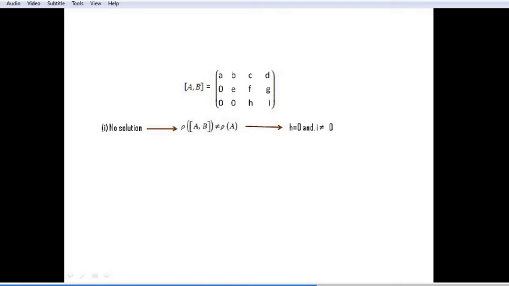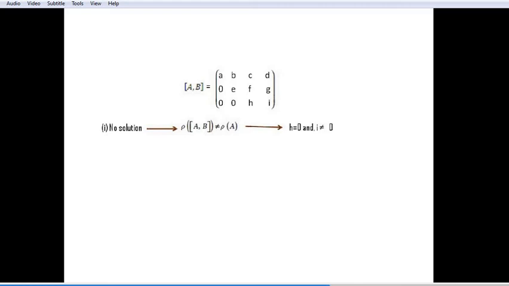When i is not equal to 0, rank AB is 3, because the number of non-zero rows in AB is 3. When h is equal to 0, rank A should be 2, because the number of non-zero rows is only 2.